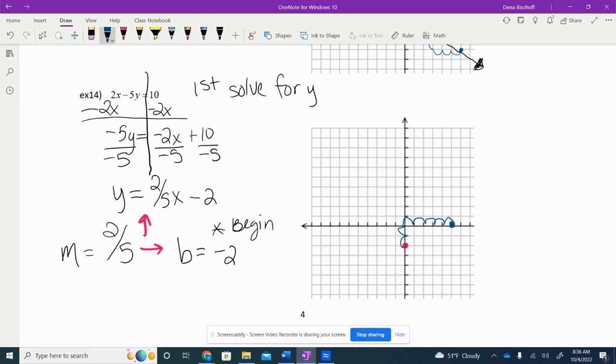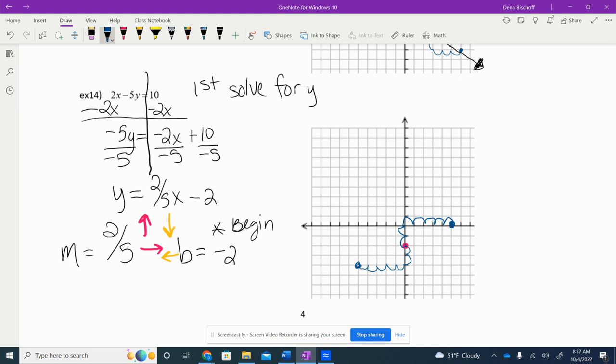I don't have enough space to go anymore. What should I do? What if I go down 2 and to the left? That would work. So from B, where I started, I'm going to go down 2 and to the left. 1, 2, 3, 4, 5.